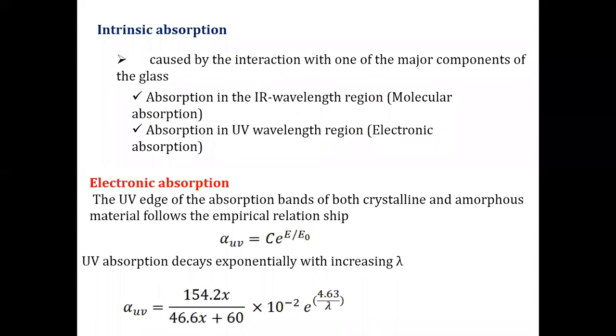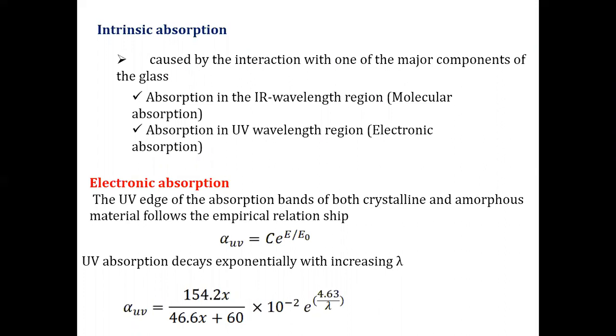Intrinsic absorption occurs when the material is in an absolutely pure state, that is, with no density variation and inhomogeneities. Intrinsic absorption sets the fundamental lower limit on absorption for any particular material. It results from atomic absorption.